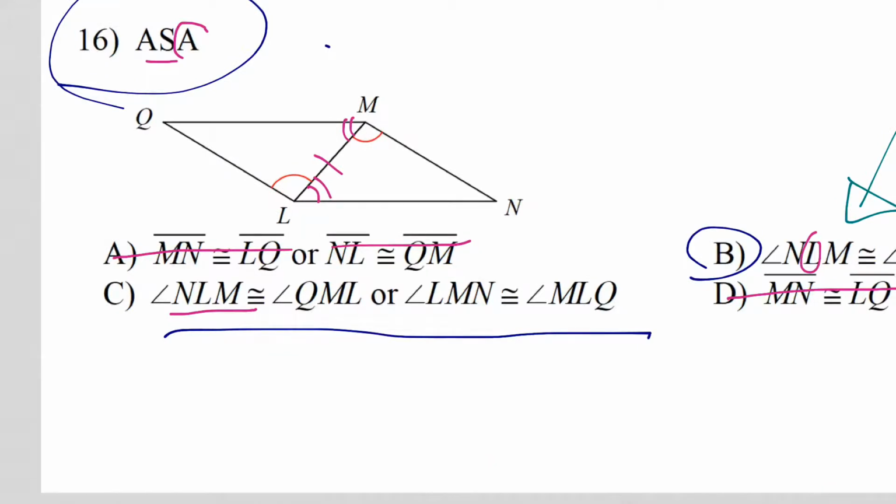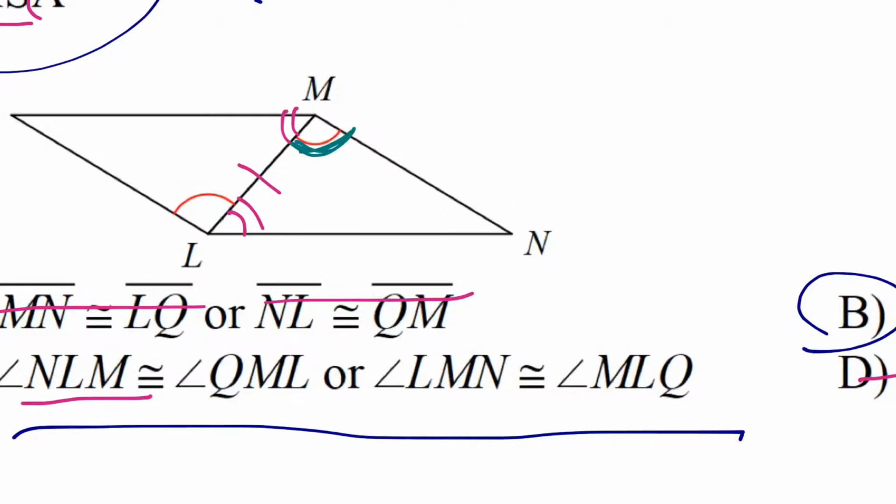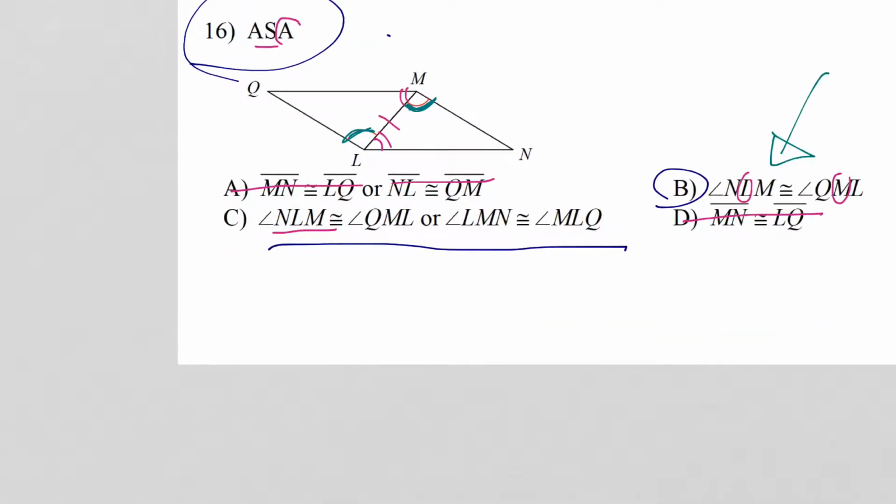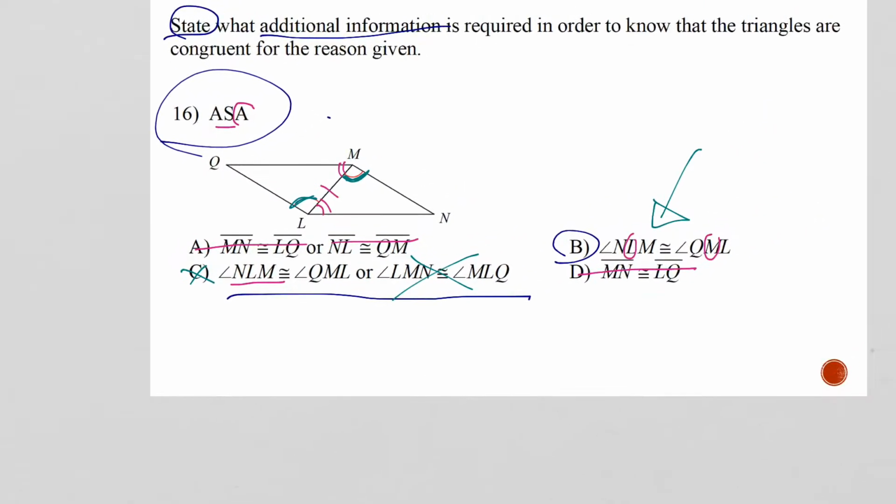This one might be the right answer. LMN is this one. They already gave us that one. It is congruent to MLQ. That's this one. Well, that's already given, so that's not additional information, so it can't be C. It has to be B. It's just NLM with QML. So that's given already, so it can't be it.